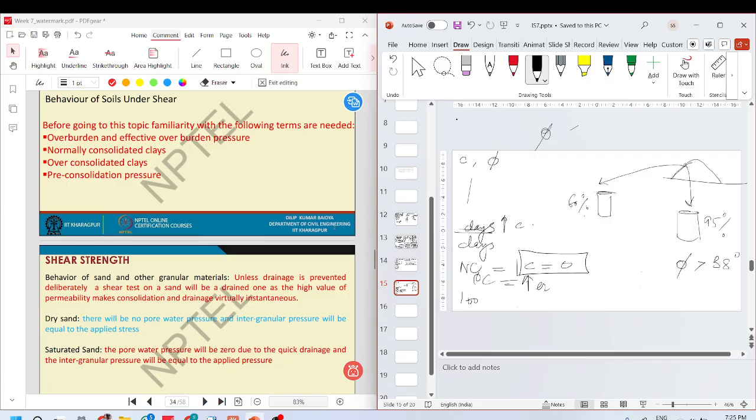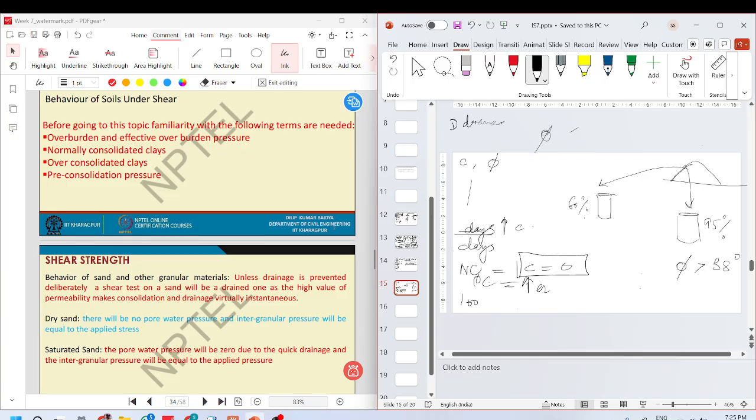So the first thing we talked about was drainage, how your c and phi depend on drainage. The second thing we talked about is the density of soil, the state of soil.